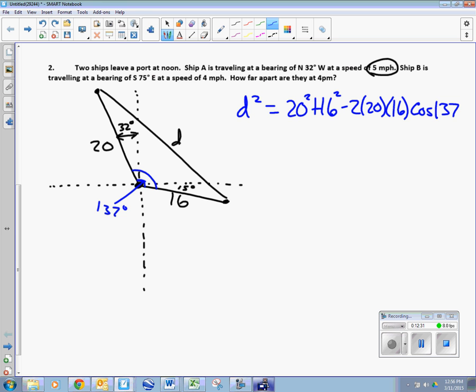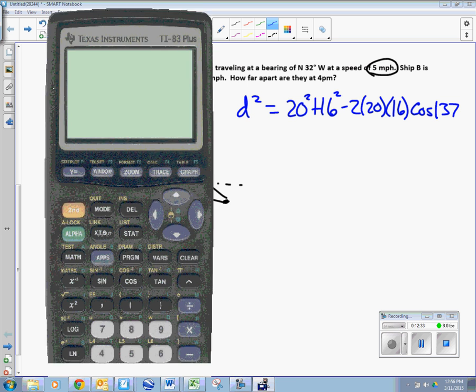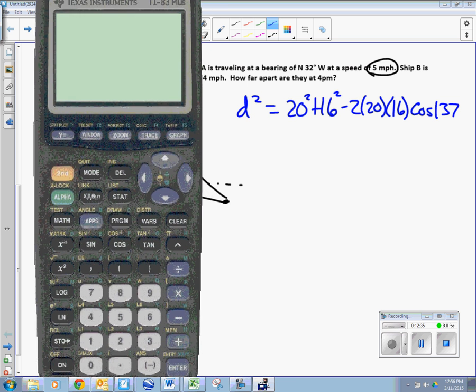So what I like about this problem is you just plug everything in. Is that my answer? No. Square root.